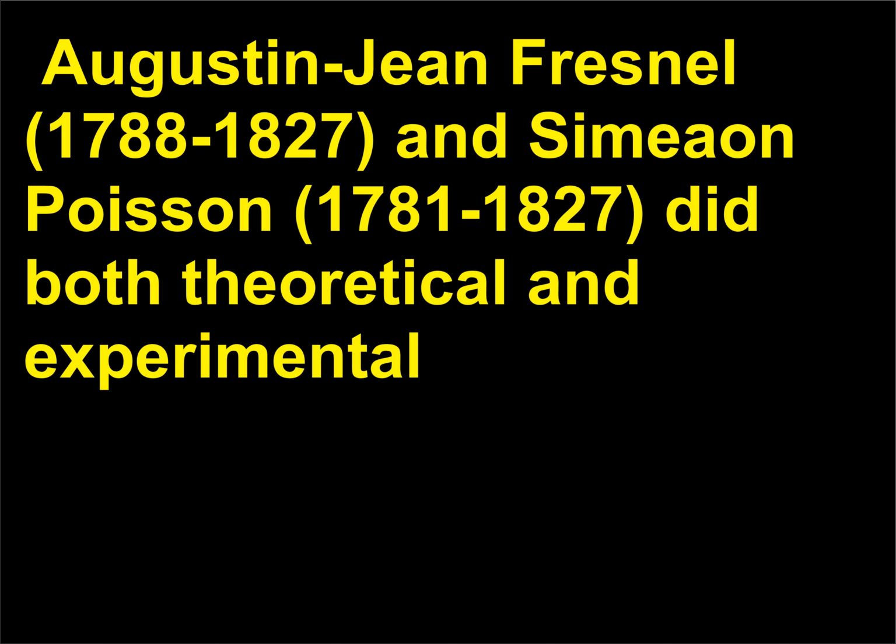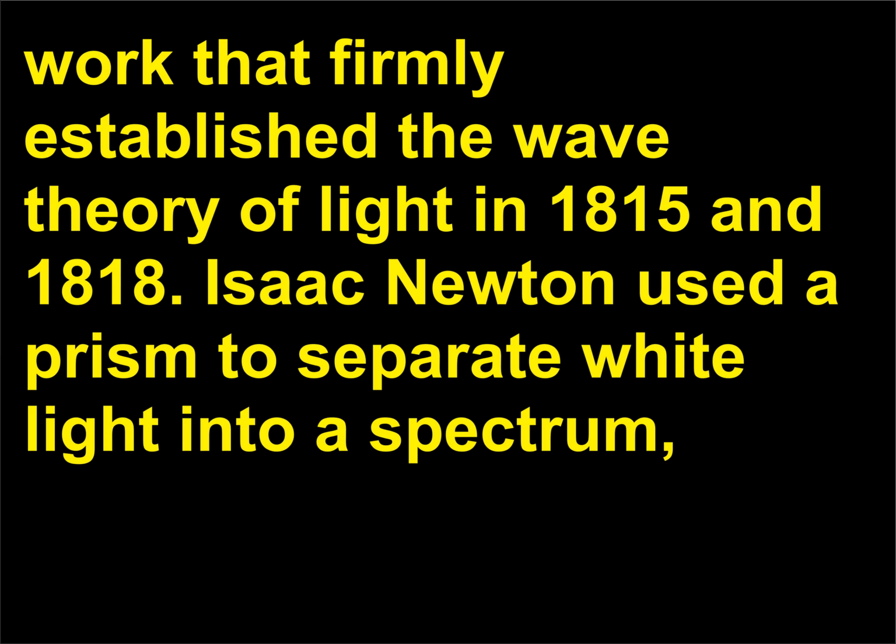Augustin Jean Fresnel, 1788 to 1827, and Simeon Poisson, 1781 to 1827, did both theoretical and experimental work that firmly established the wave theory of light in 1815 and 1818.